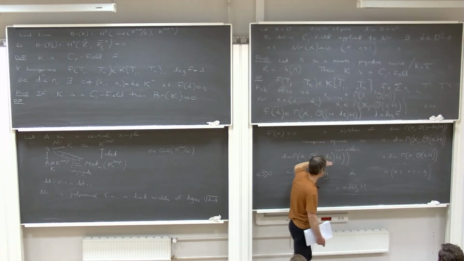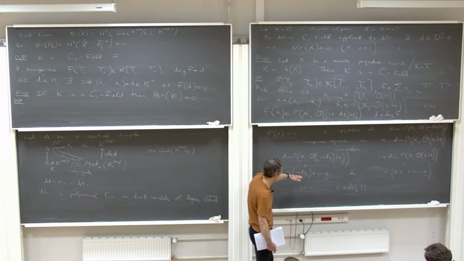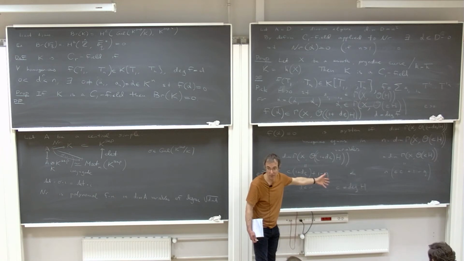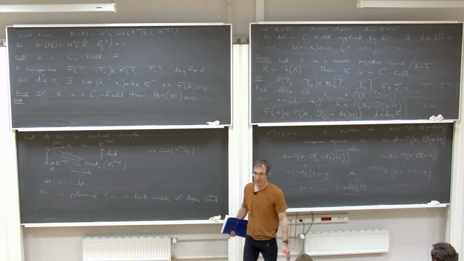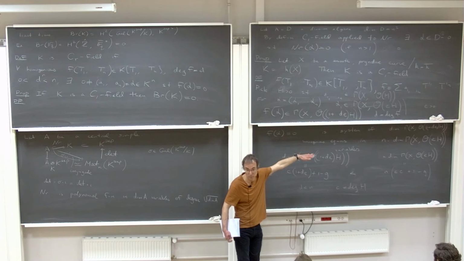These are homogeneous equations, and the number of variables is greater than the number of equations. And by the basic theorem on intersections in projective space, this system has a non-zero solution, right?